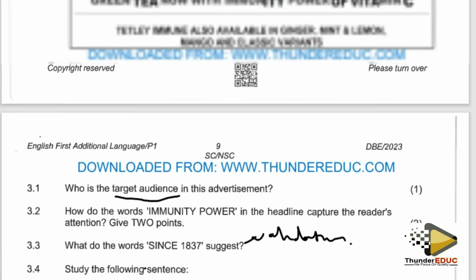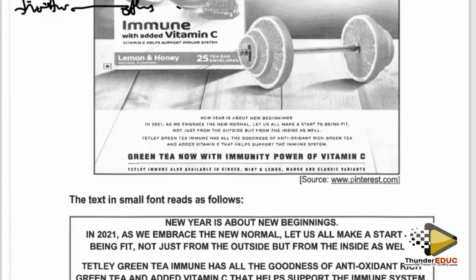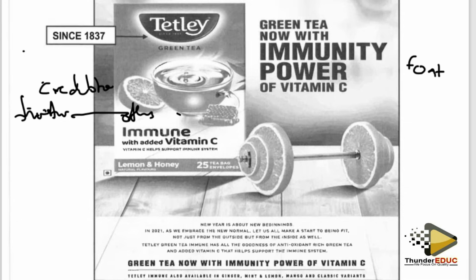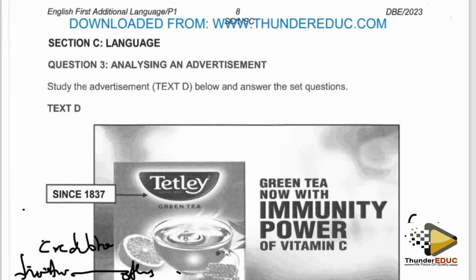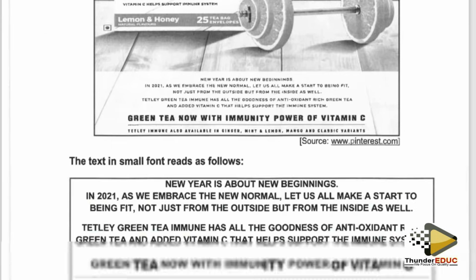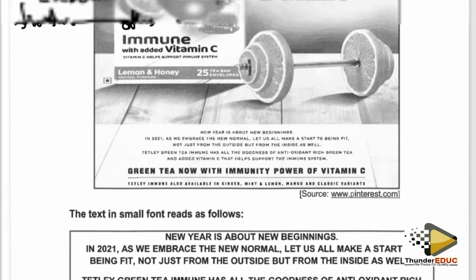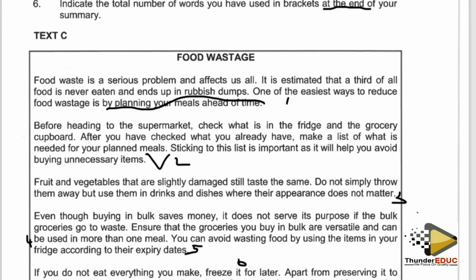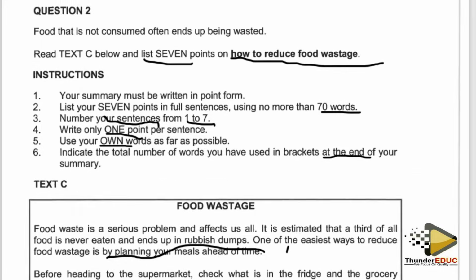And then also in your advertisement, please know your information, know your visual, know your slogan, the title, and your logo, so that you can be able to get through your advertisements. Please take only the relevant points in the summary. If it's not relevant, please do not take it.